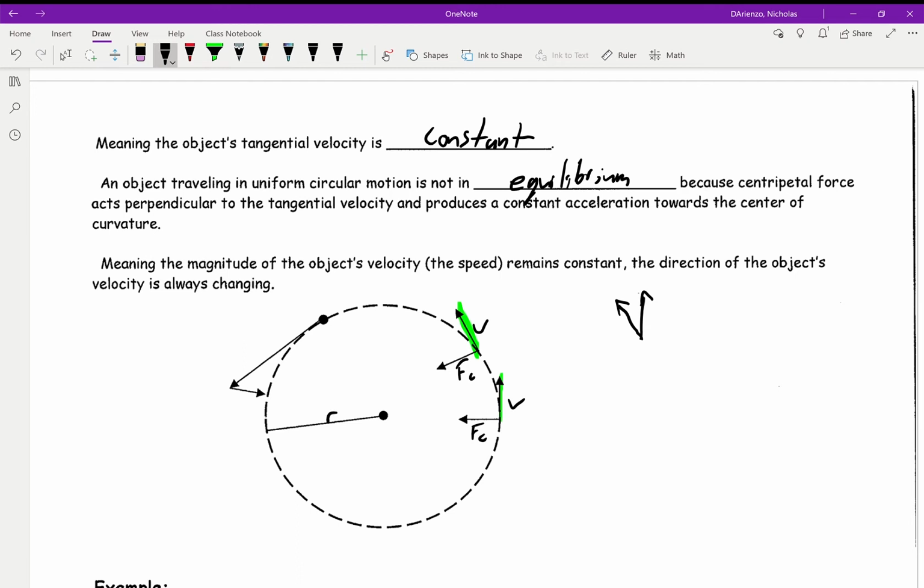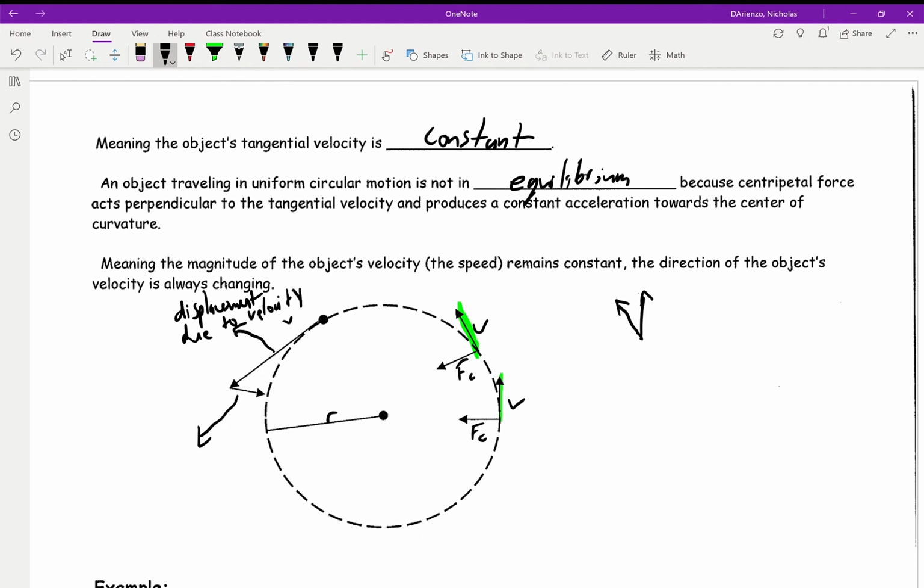This would be our radius here. This little portion here is considered the displacement due to our velocity of v.